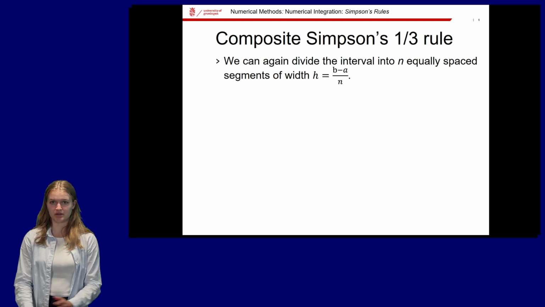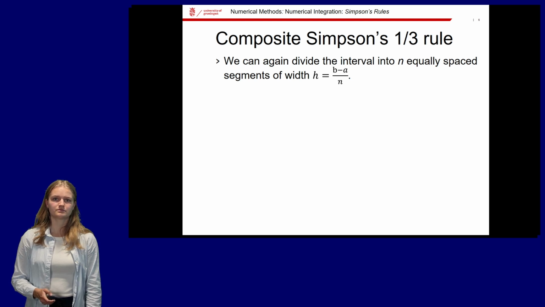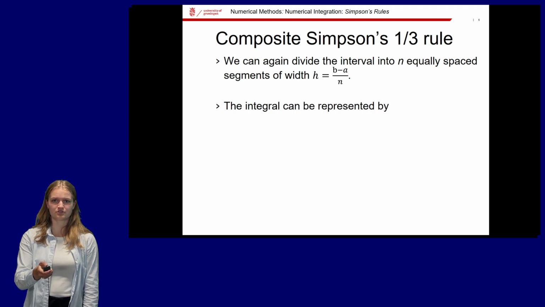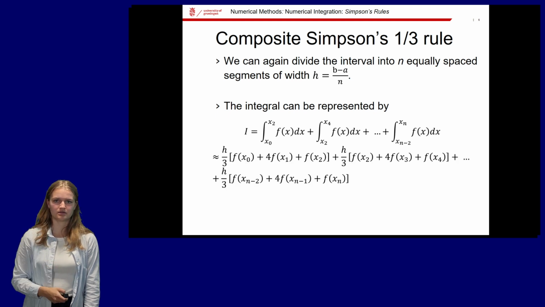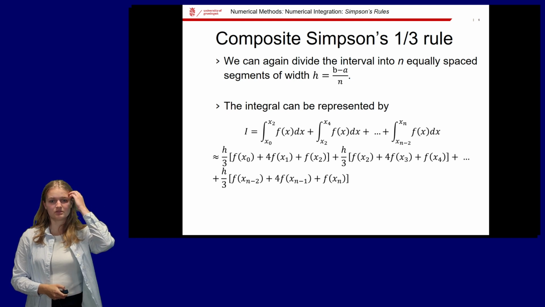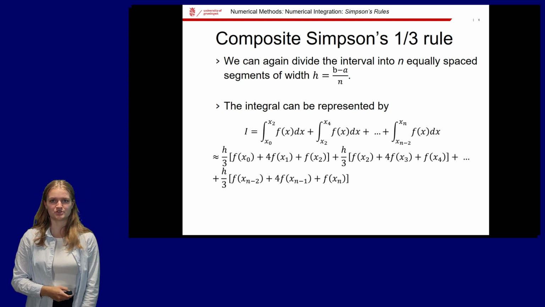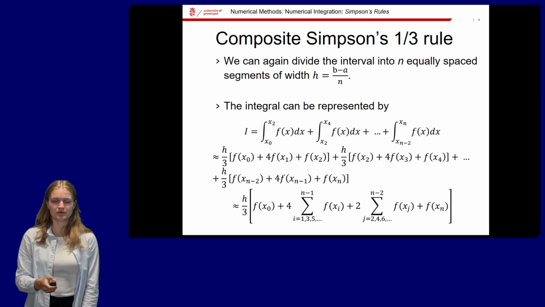h equals (b minus a) over n. Then we can present the integral as this summation. Note that the midpoints of each segment are the odd numbered points: x1, x3, x5, etc. Then we can substitute the expression for the single application of Simpson's 1/3 rule into this summation to obtain this sum that we can express in sigma notation as this.